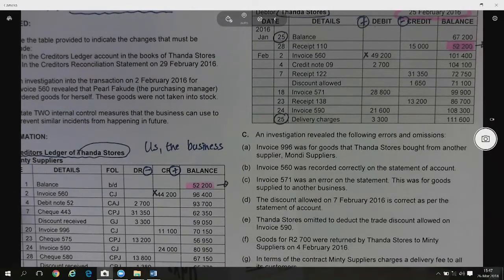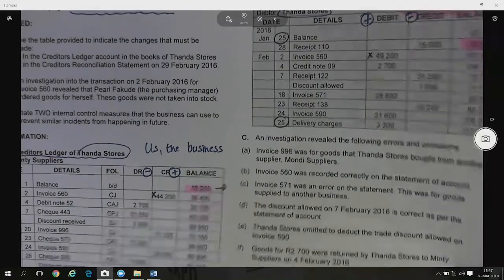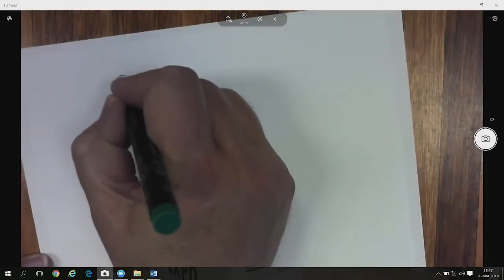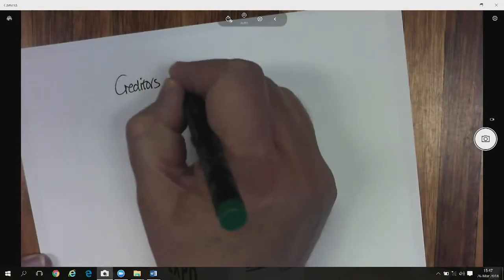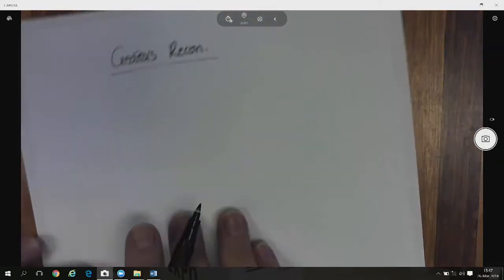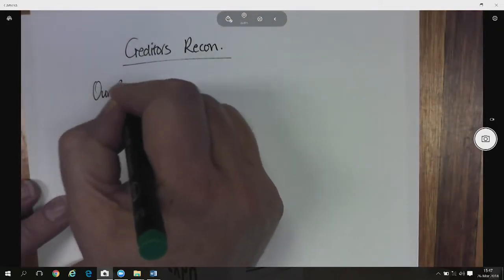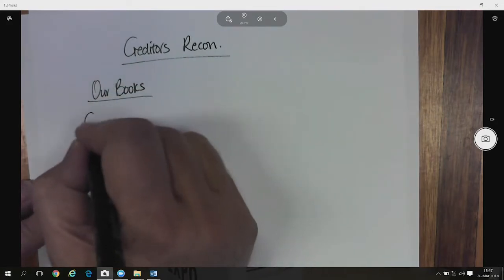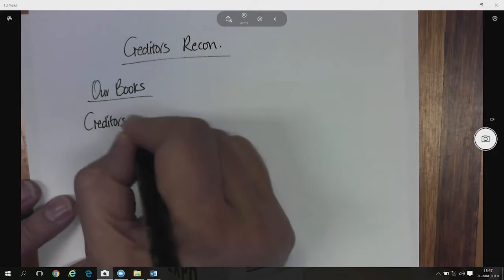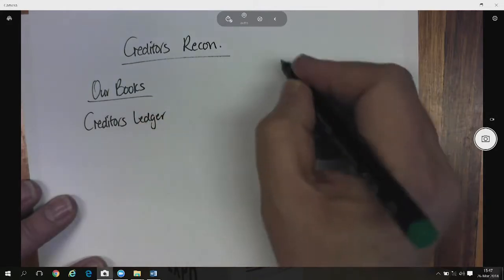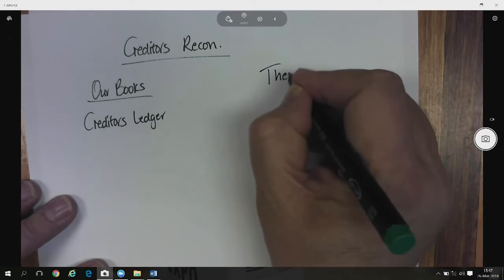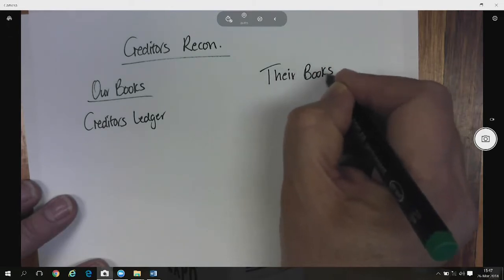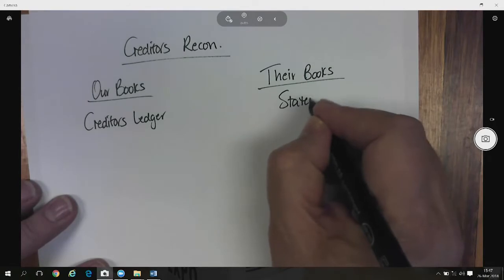Then, can I quickly say, in a creditor's recon, you compare, if you are busy with creditors reconciliation, remember we've got our books, where we've got the creditors, I already said that, the creditors ledger, and then we've got their books, where we receive the statement from them.